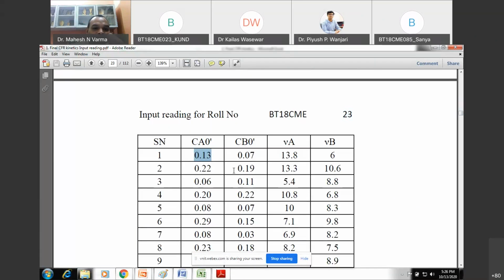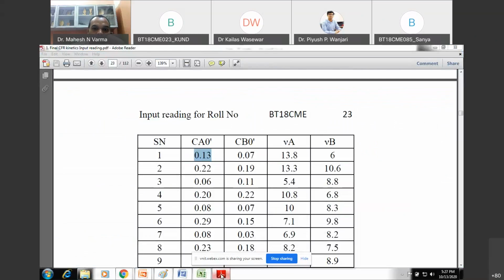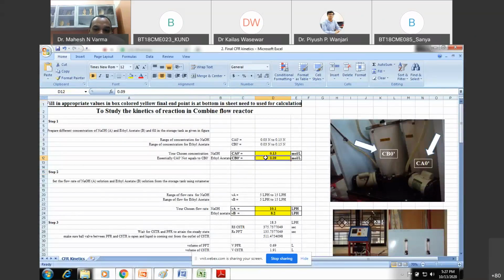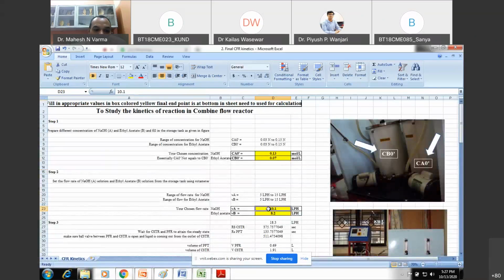CA0 is 0.13, so I will be using 0.13. CP0 is 0.07. And then the flow rate of this is 13.8, and this is 6, the flow rate of ethyl acetate.